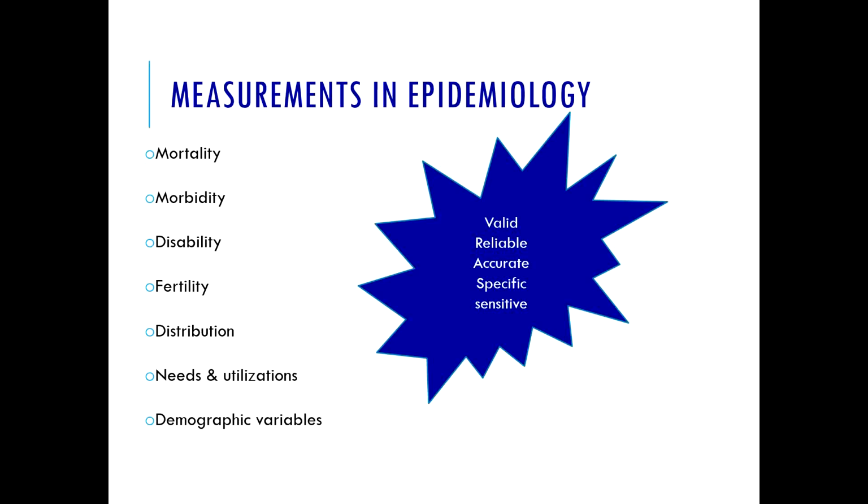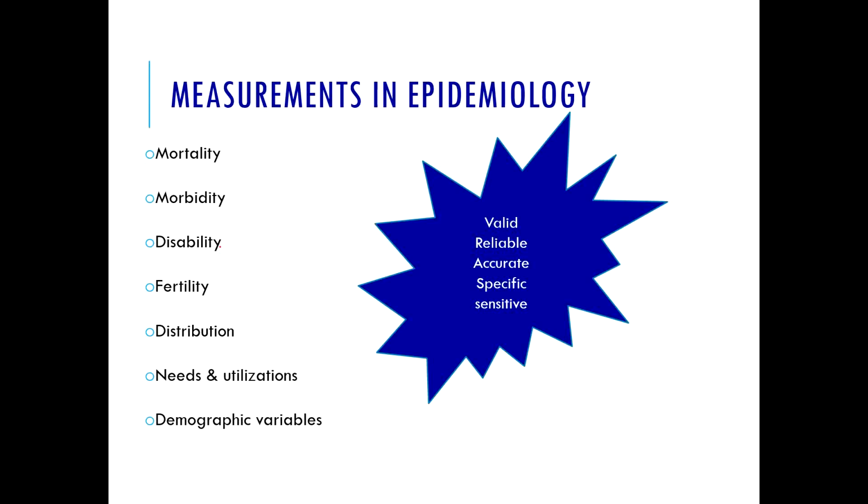Number two, as an epidemiologist, we are concerned about the morbidity rates. Morbidity rates means that we are concerned with the pattern of disease and how it presents. And in morbidity rates, we are concerned with the actual number of new cases and old cases.